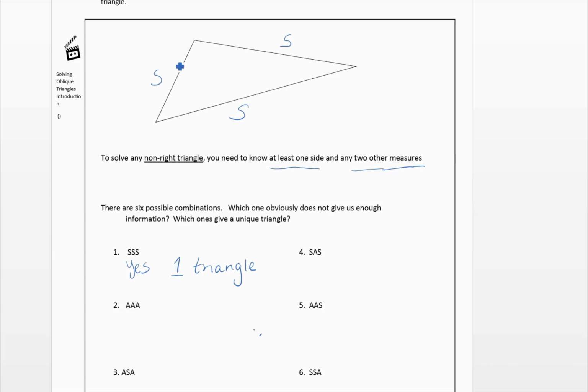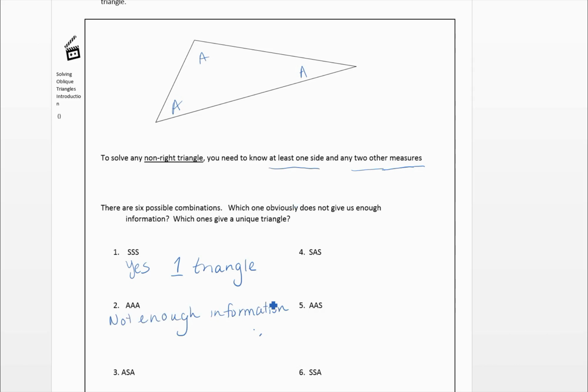Now, the next thing, someone could give you a triangle with just the 3 angles. And here we run into a problem, right? We were told that we need at least one side. So here, it's not enough information. And that's because you can have similar triangles.